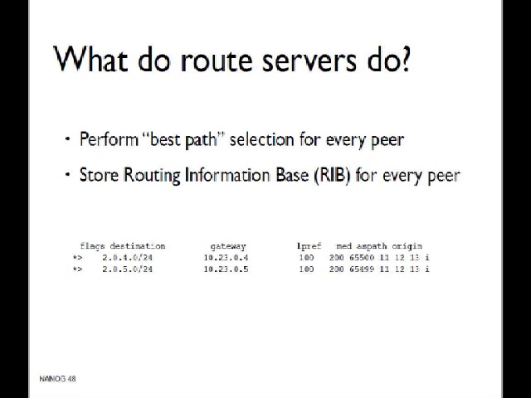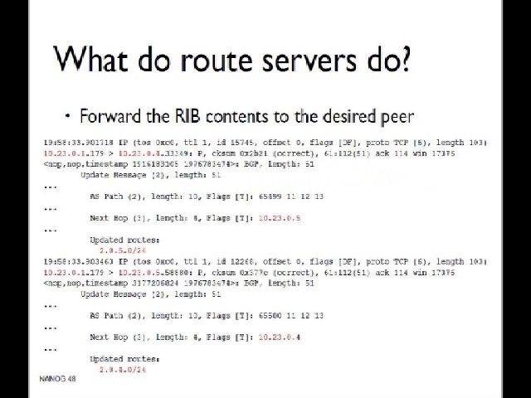So we build a RIB for that peer, and what the route server then does is forward exactly the same route that it already received to every single participant. In our case, where we only have 2 peers and 2 routes, it would forward the route we previously received from .5, 2.0.5 to peer .4, and it would forward the 2.0.4 to peer .5.